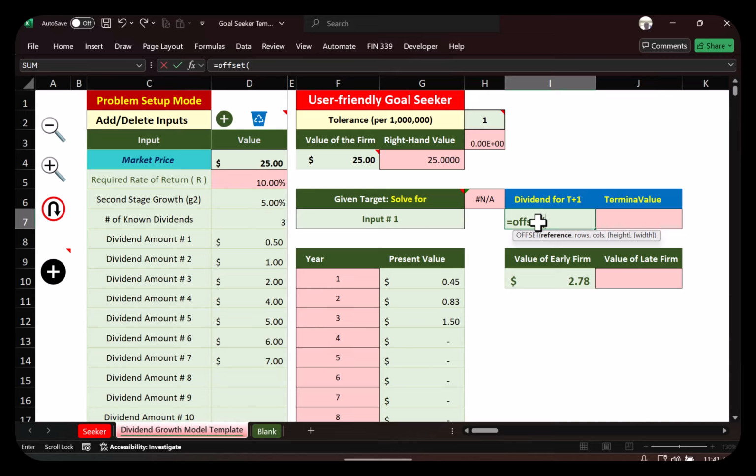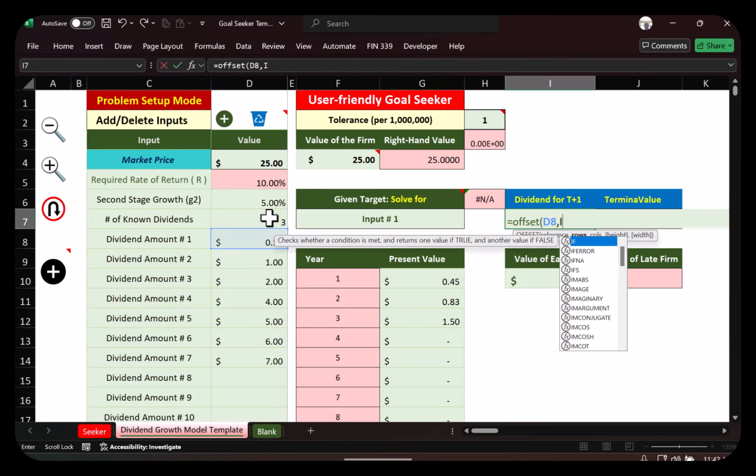The first one is, what are you offsetting? I'm going to be offsetting from the first dividend by how many rows? I want to get the last known dividend first. I want to offset that by 2, right? If I go 2 rows down, I get to the third dividend. So which means I'm going to refer to this minus 1.